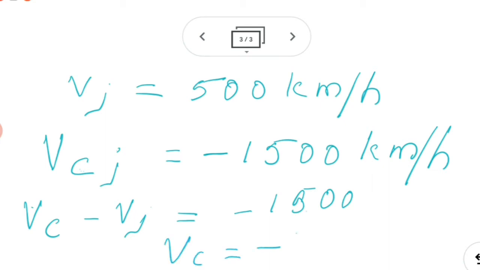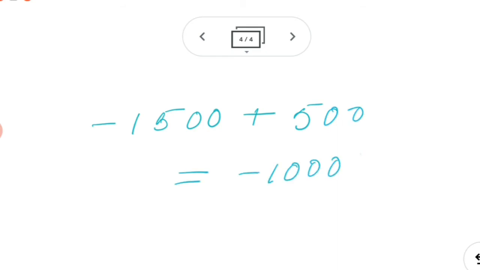So what will be Vc? That Vc we need to find. Vc is equal to minus 1500 plus Vj. So we have minus 1500 plus Vj, which is 500, so we have minus 1000 kilometer per hour.